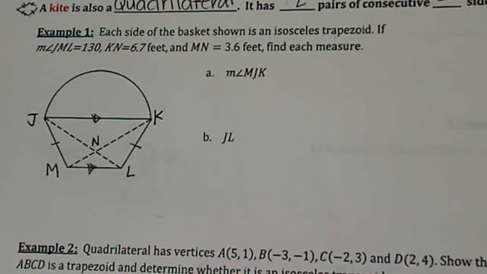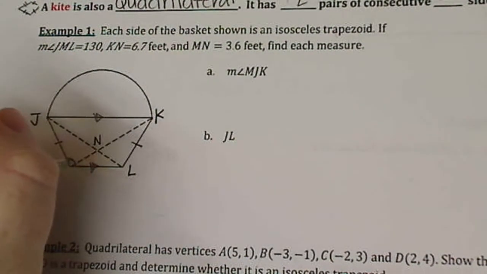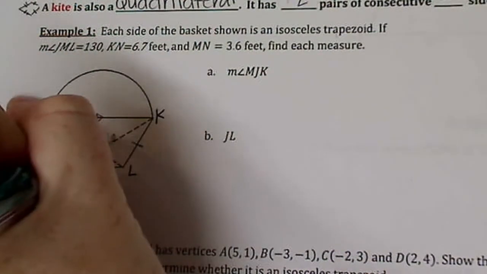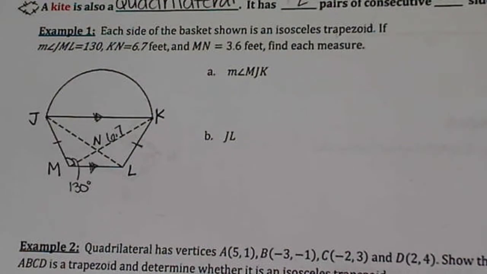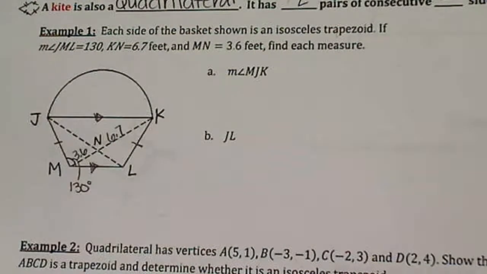So we know that the measure of JML, this big angle down here, is 130 degrees. We also know that KN is 6.7 feet, and MN, this little piece, is 3.6.